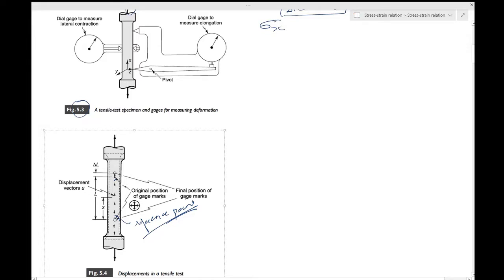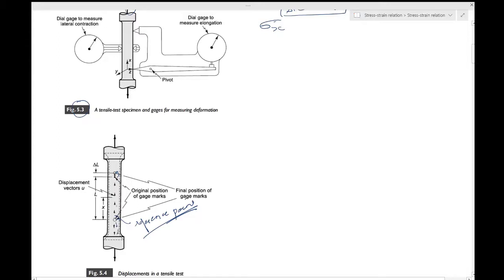Taking the lower gauge mark as a point of zero displacement, the displacement vectors of various points on the specimen will be as shown in figure 5.4. So this particular point has now moved to this new location and it shows the displacement. You have other points as well. All the points on this specimen below this will move downwards.